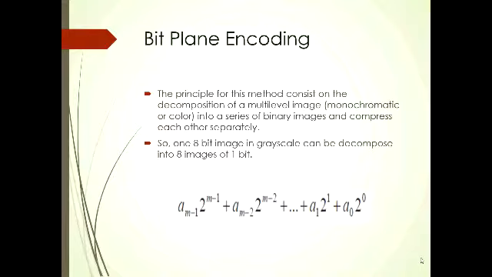We can decompose it into 8 images of 1 bit, and then treat them as a series of binary images, and compress them, separate them, then decompress them together. This is a very easy method to explain because it just depends on the number of bits and the number of images that we are going to compress.